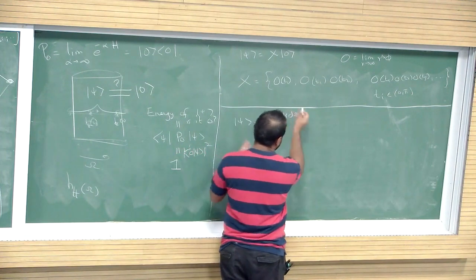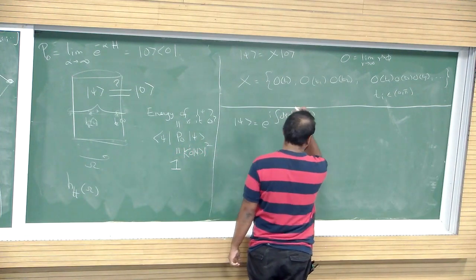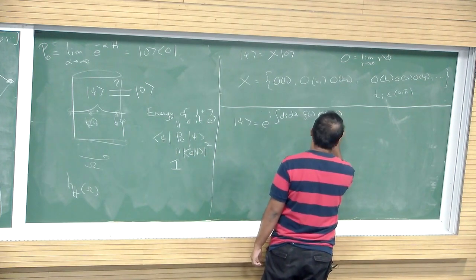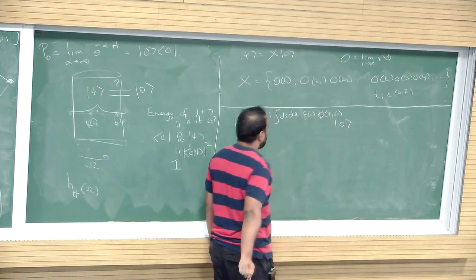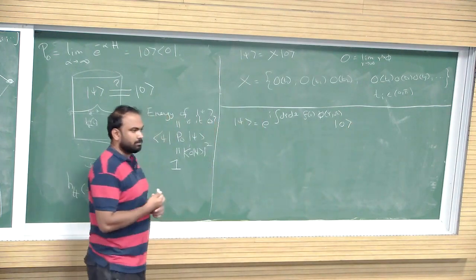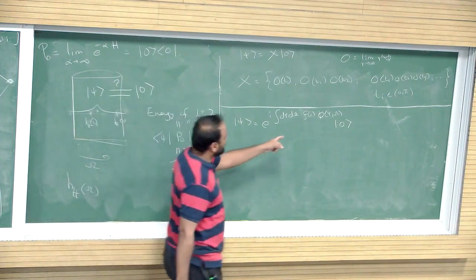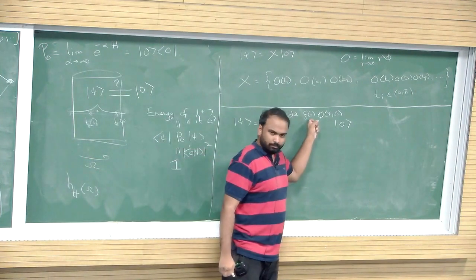Say I'm also taking any bulk smearing function. So say I have some state of this kind, psi, which is just written like this. This is some bulk field, and this is some smearing function f of r.